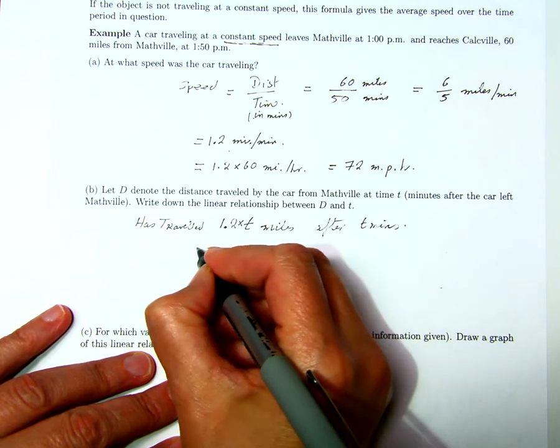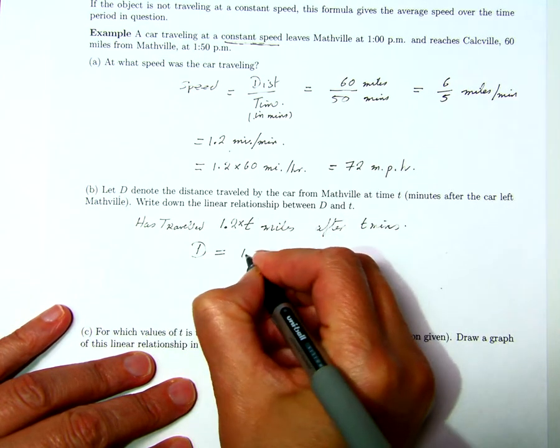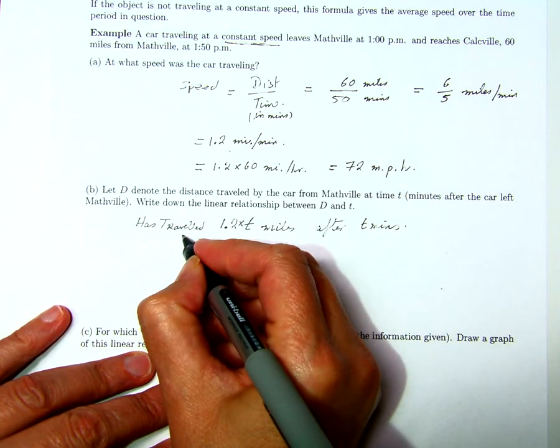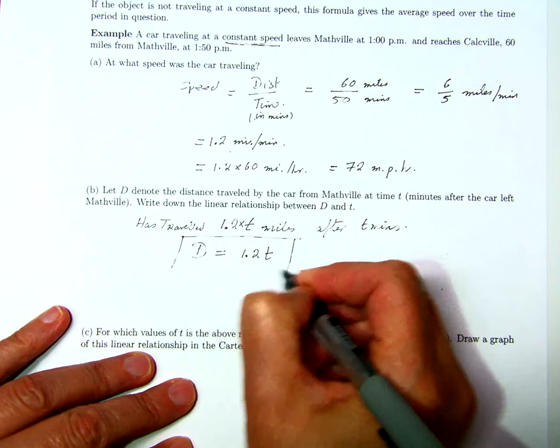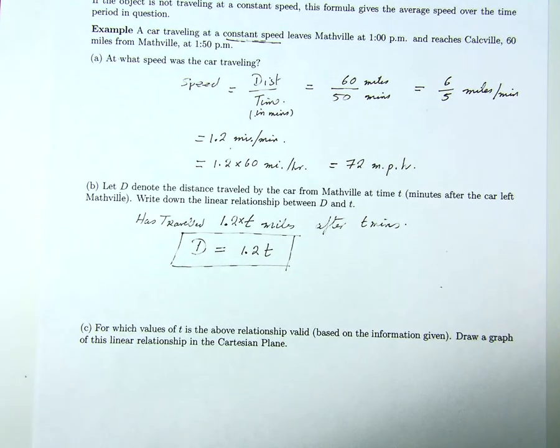So therefore the distance traveled is equal to 1.2 times t. And this is a linear relationship. If I graph this on a plane where the axes are marked t and d, its graph is going to be the graph of a line which passes through the point 0, 0.